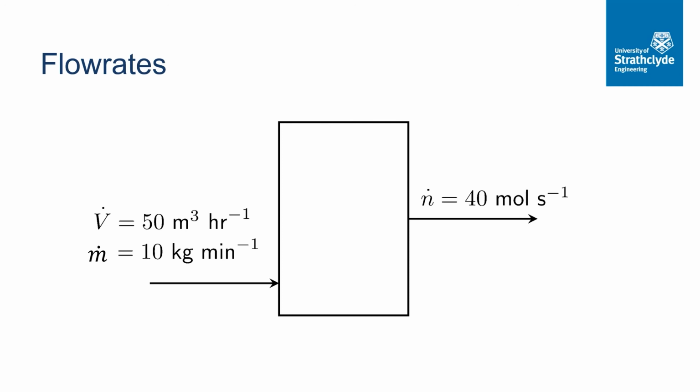So a challenge to you that you could choose to take up is try to determine the density of the inlet flow. Be careful here, you may need to convert some of your units to a common unit of measurement so that you're able to actually obtain a coherent density value.